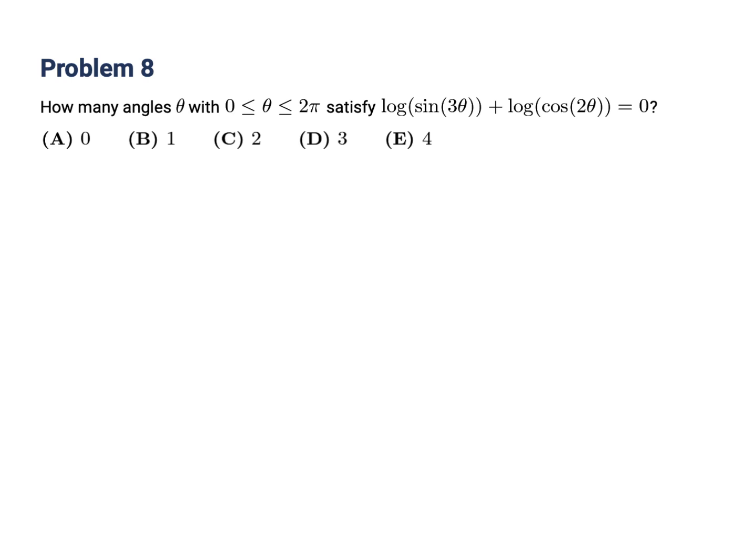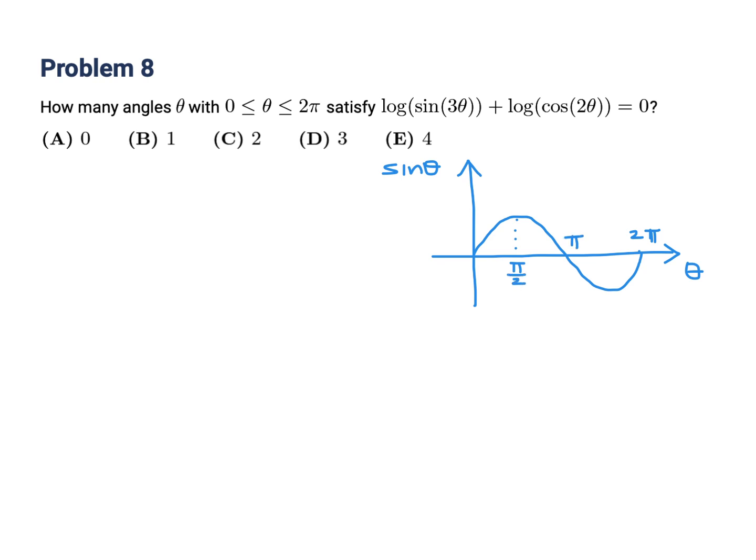Okay. Well, just really quickly, I want to refresh my own memory. Not the log, just these graphs of sine and cos. This is theta and this is sine theta. This is 2 pi, this is pi over 2, and this is pi, and the interval is 1 and negative 1.